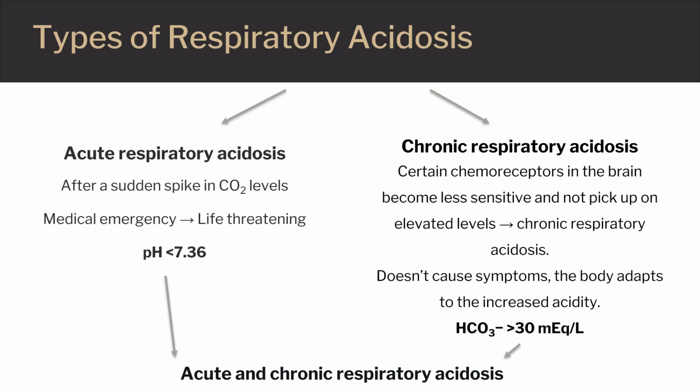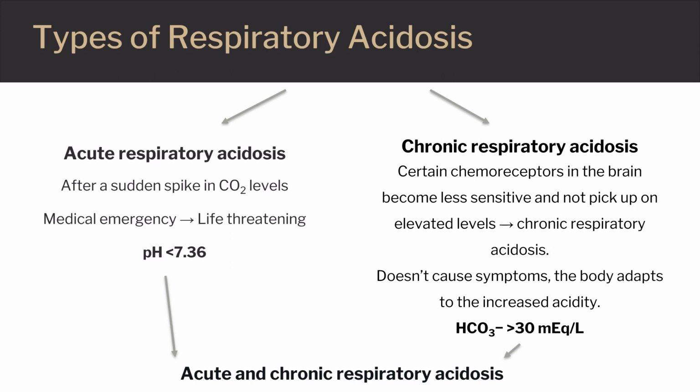During chronic respiratory acidosis, certain chemoreceptors in your brain alert it to states of elevated CO2 and control your body's ventilation, or how it disposes of waste gases in your blood. When these receptors become less sensitive, they might not pick up on elevated levels, leading to chronic respiratory acidosis. This type develops over time and doesn't cause any symptoms. Instead, your body adapts to the increased acidity.